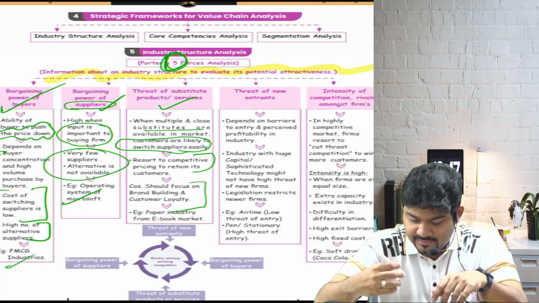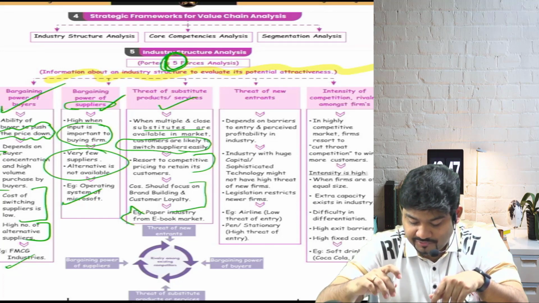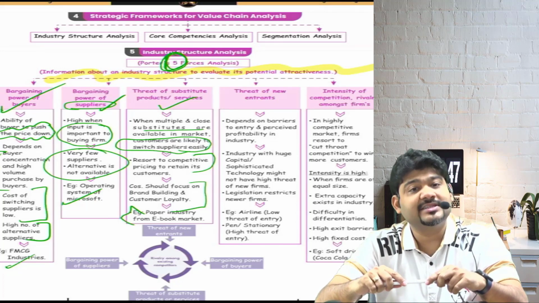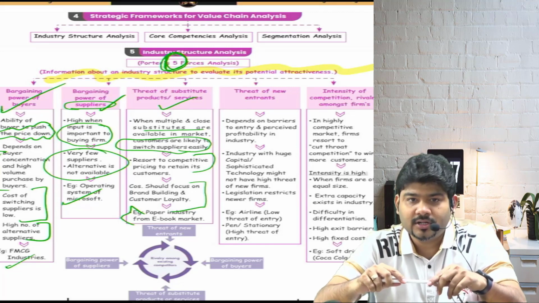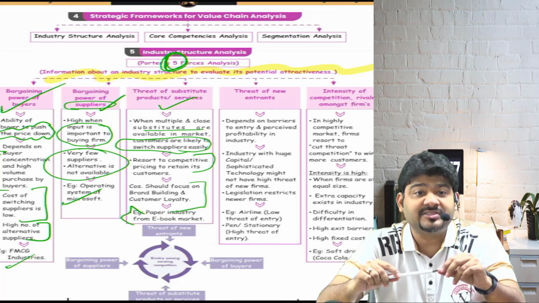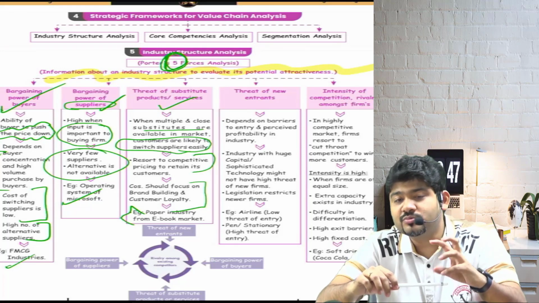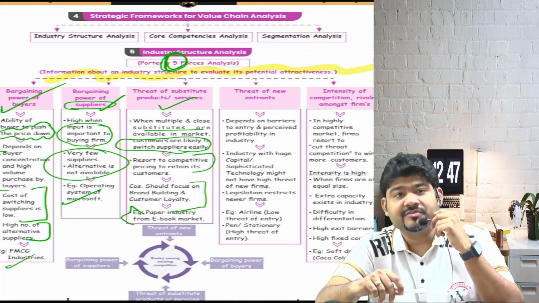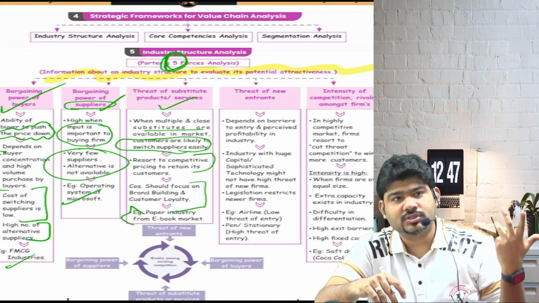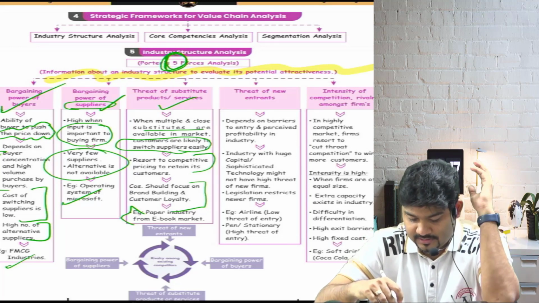Are we clear? The best example: the paper industry from the ebook market is facing a threat of substitute. People will soon substitute physical books with online books. The students will soon substitute the physical book with online books. Are we clear, everyone? Done.